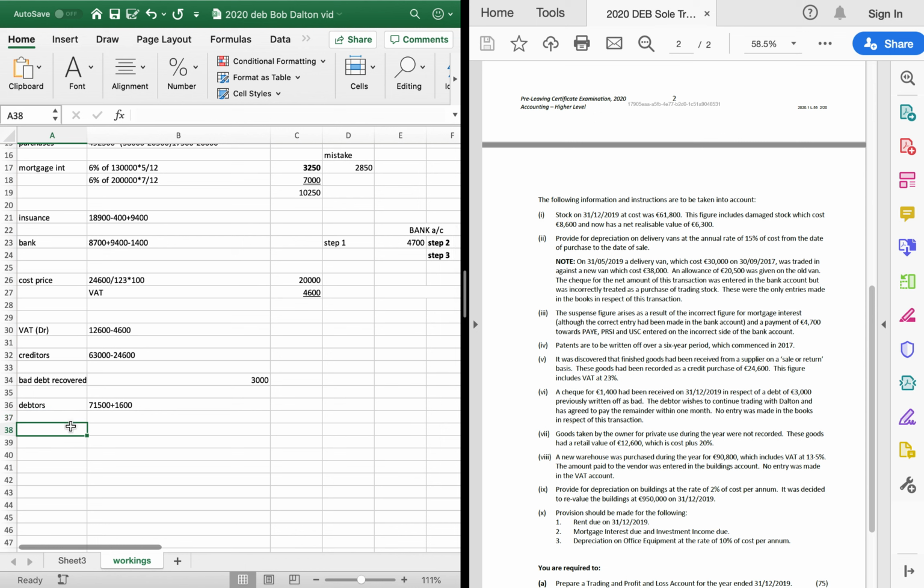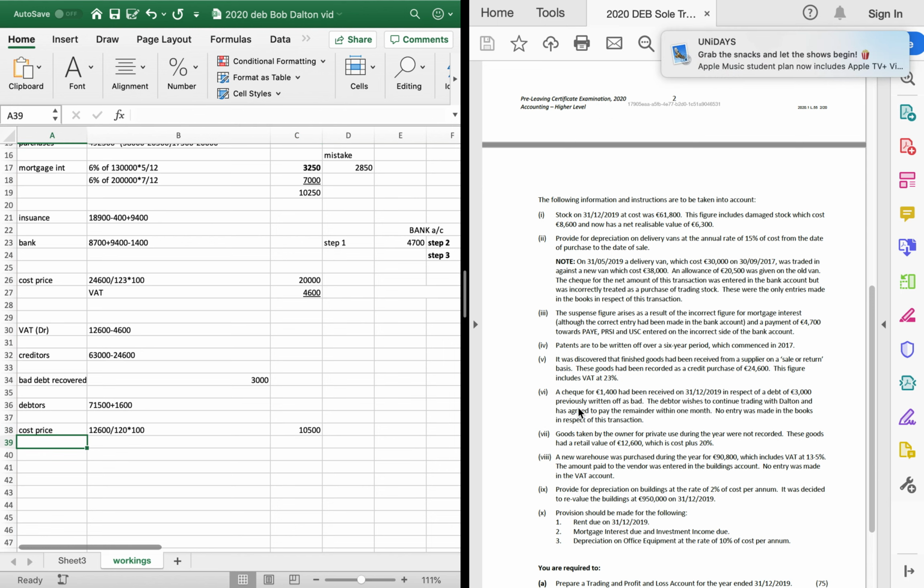Working 7, goods taken by the owner for private use were not recorded. They the retail value again. We just work out the cost price, and we're doing nothing with these cost prices. The retail value of 12.6, which is cost plus 20. So we take the 12.6 divided by 120, multiplied by 100. It's 10,500.